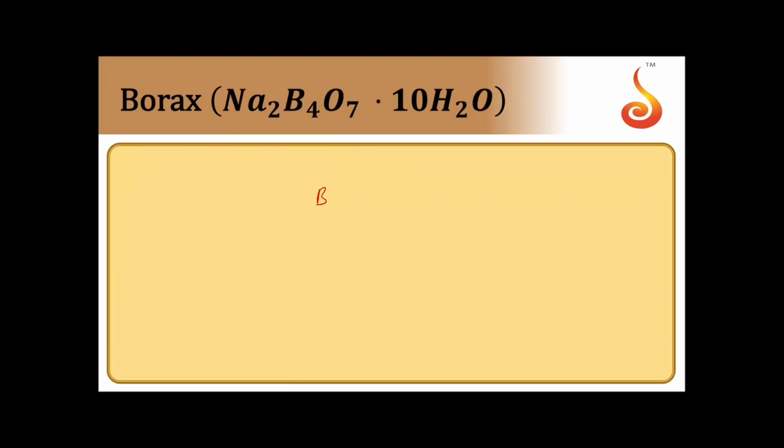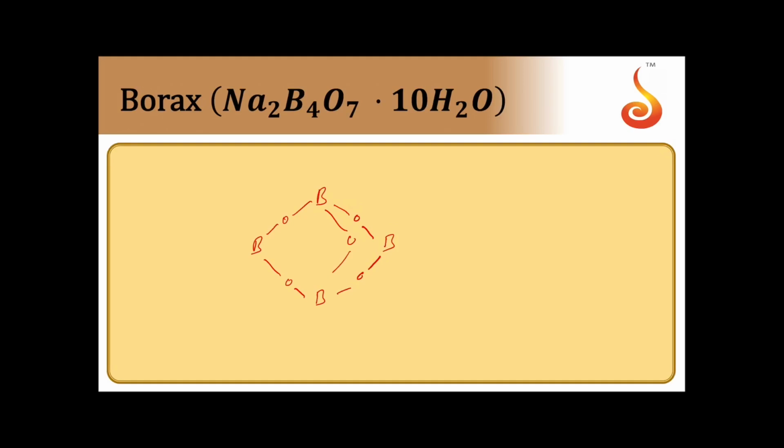There are 4 boron atoms, which have a tetrahedral structure. Between 2 boron atoms, we have an oxygen atom bonded, that is B-O-B. And between these two also, we have one more oxygen atom present.